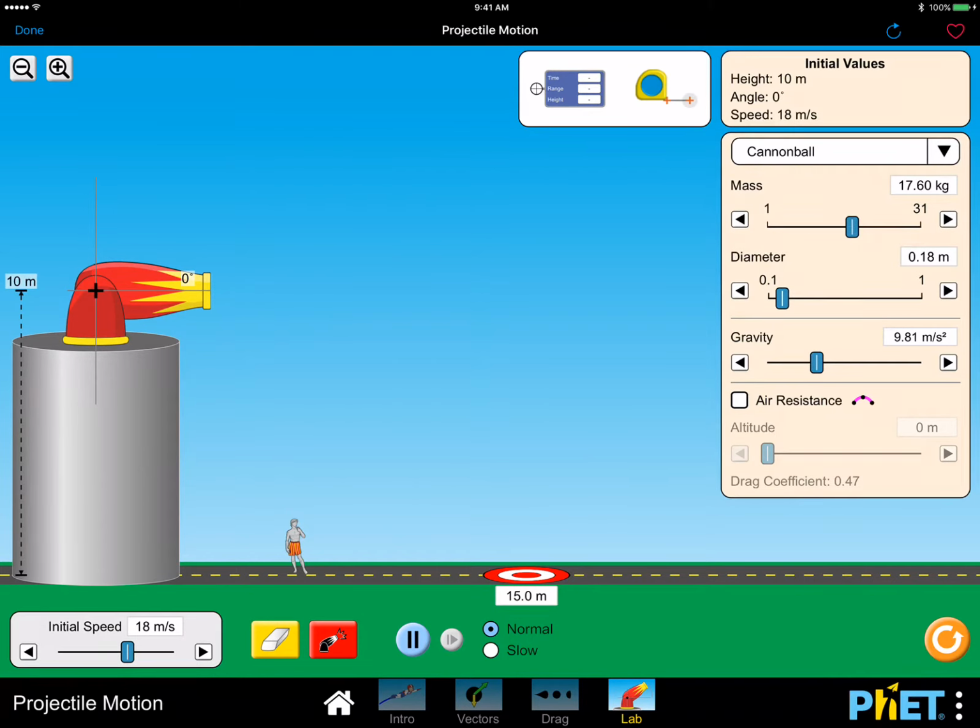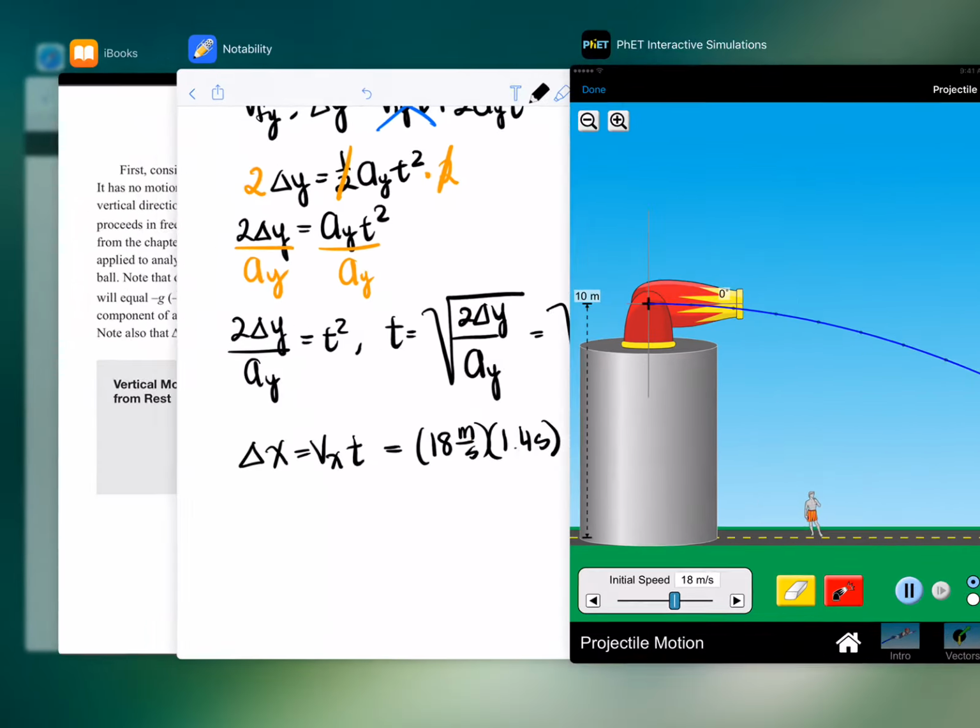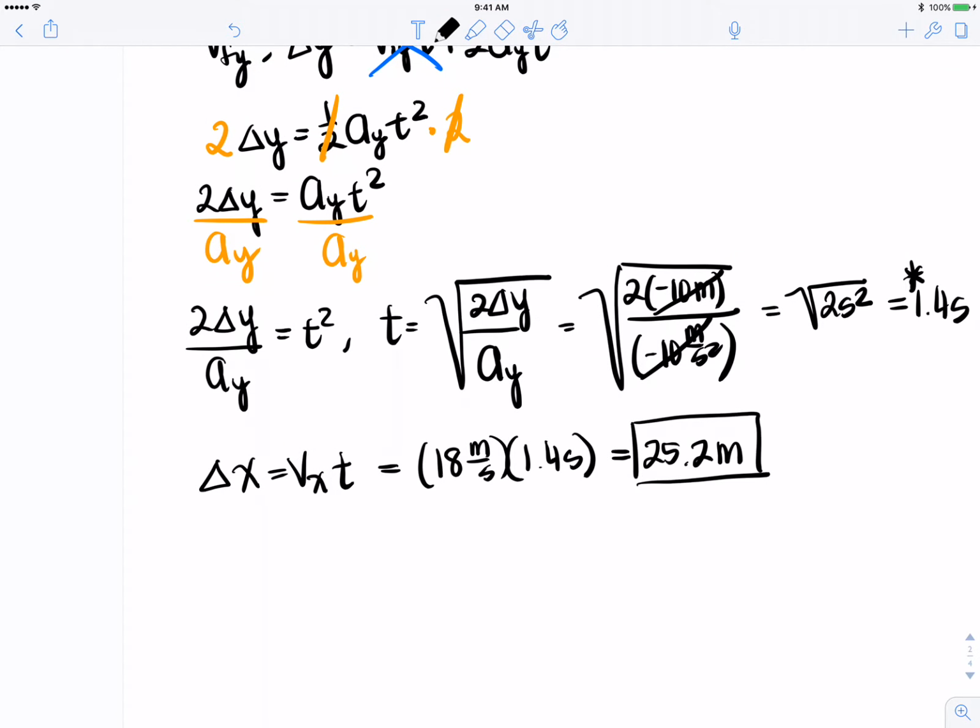I changed my initial speed to 18 meters per second, and I'll go ahead and fire the cannon. Then I'll move the bullseye to measure the delta x, and I get delta x is 25.6 meters. So by the PhET, delta x equals 25.6 meters.